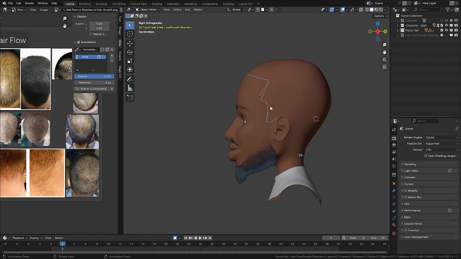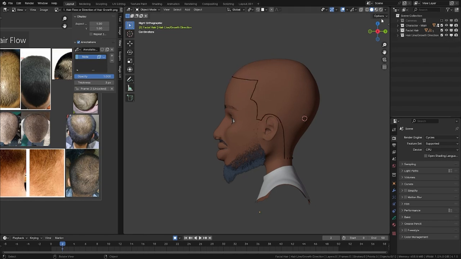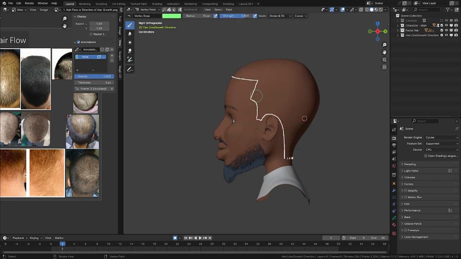This is the hairline for male, but the female hairline tends to be smooth. It's not sharp like male. So this is the hairline for female. Let me enable grease pencil here. Select this one. Go to draw. You see, this is the hairline for male.